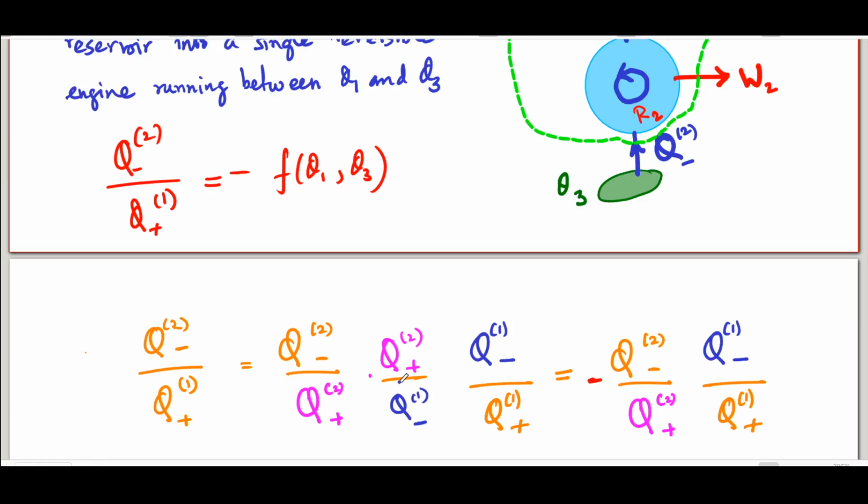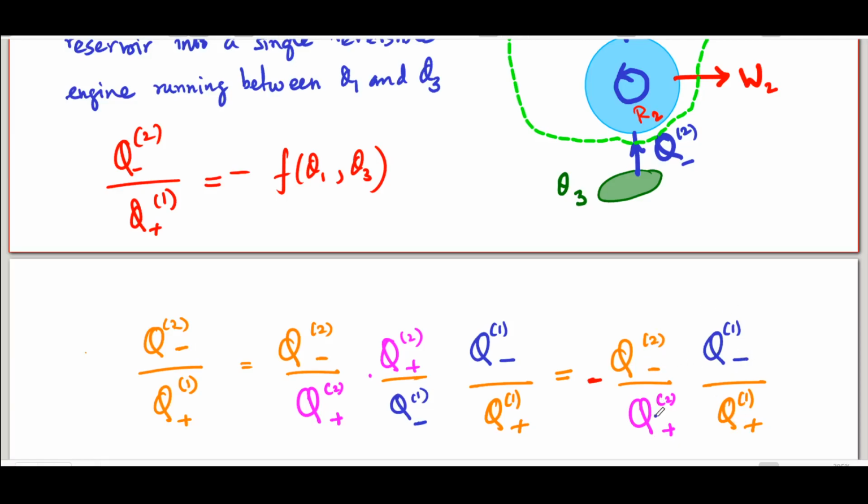If you have ensured that you can take the second reservoir inside your engine, that is, if you have ensured that Q2 plus Q1 minus is actually equal to 0, then the ratio Q2 minus by Q1 plus, minus f of theta 1 comma theta 3, will simply work out to be minus Q2 minus by Q2 plus times Q1 minus by Q1 plus.